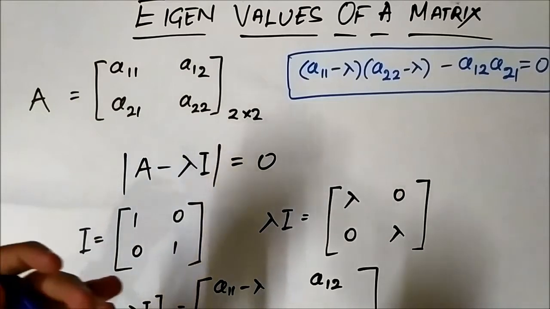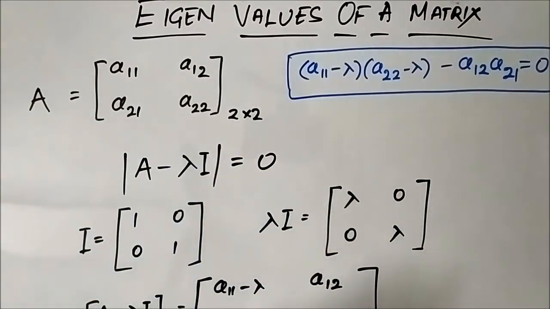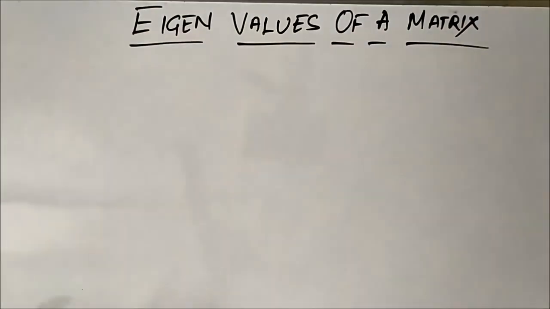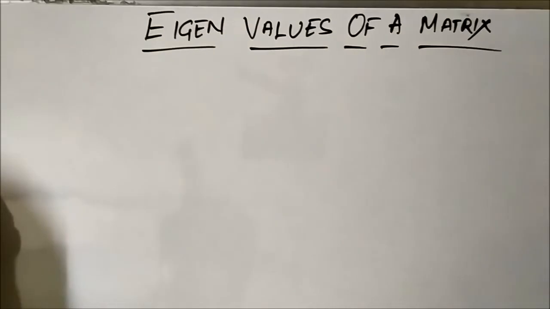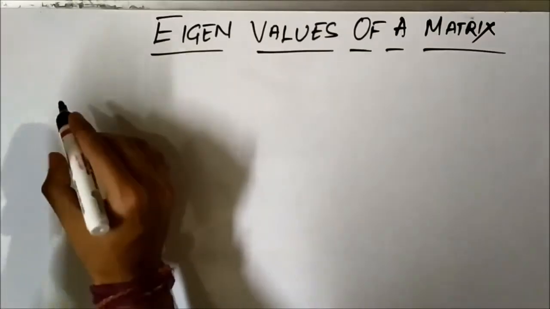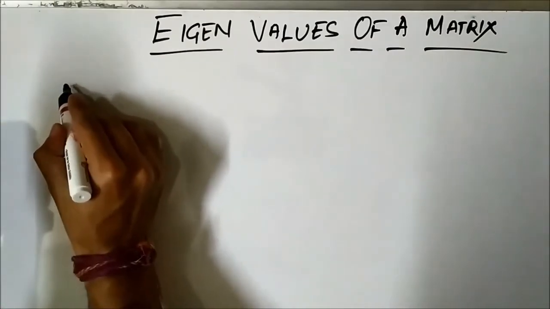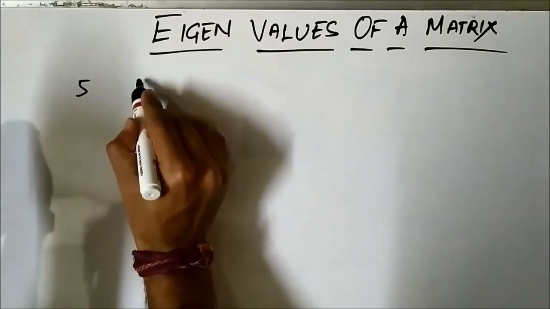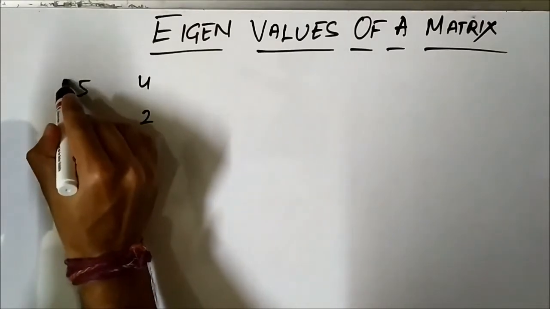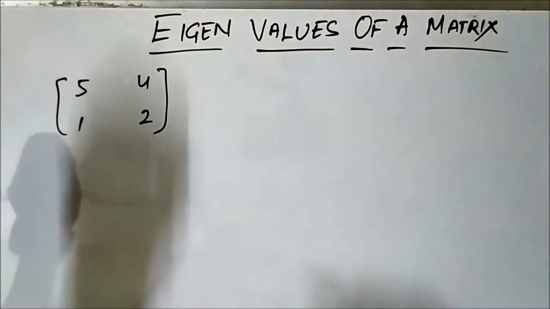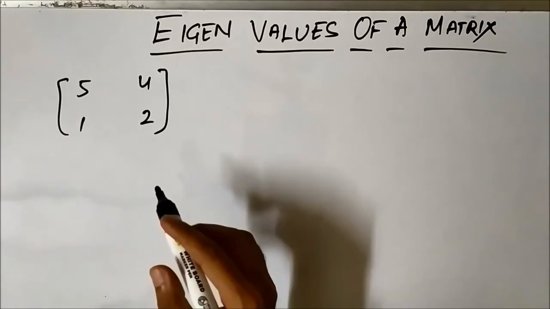In this case, we have taken a 2 cross 2 matrix. So just now we discussed the basic concept related to eigenvalues for a 2 cross 2 matrix. Now let us take an example. Let us say we have been given a matrix 5, 4, 1, 2, and we have to determine its eigenvalues.